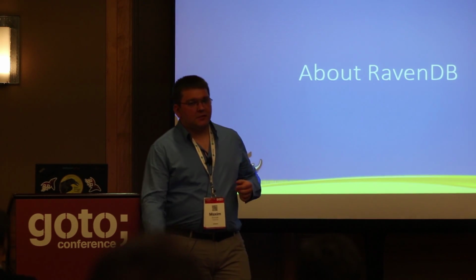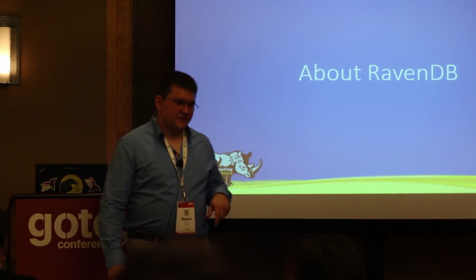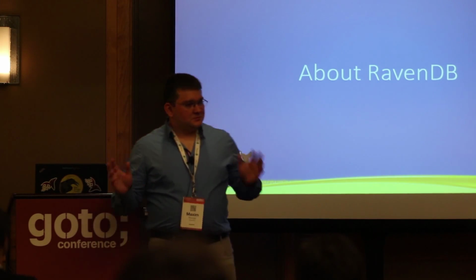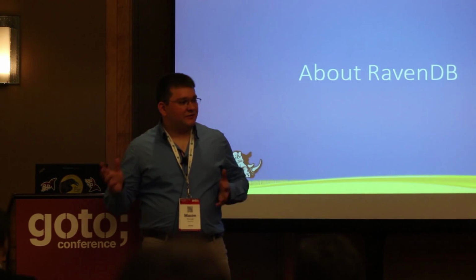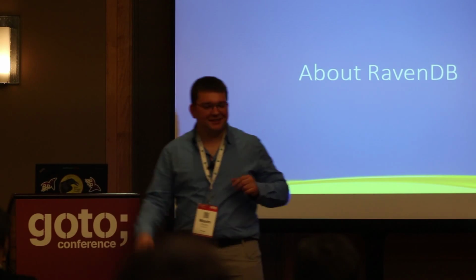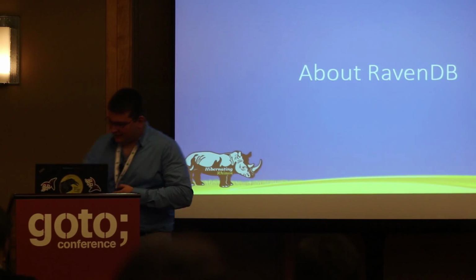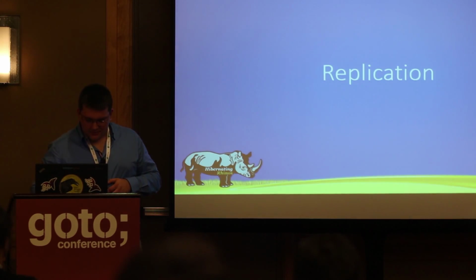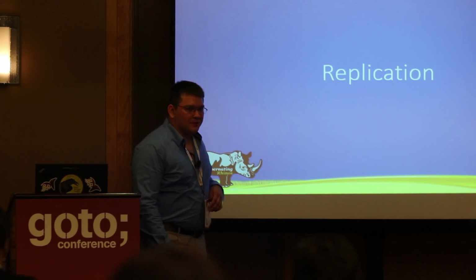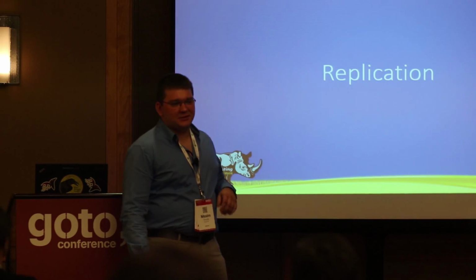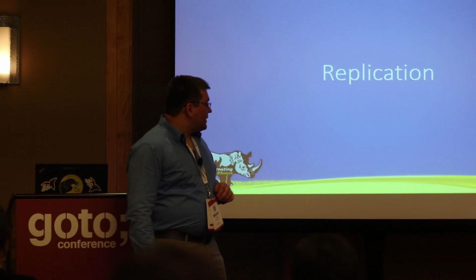So for the next time, the operation will be much, much faster. So that was about RavenDB in general. Sorry about the little technical problem. I hope we won't experience it anymore.